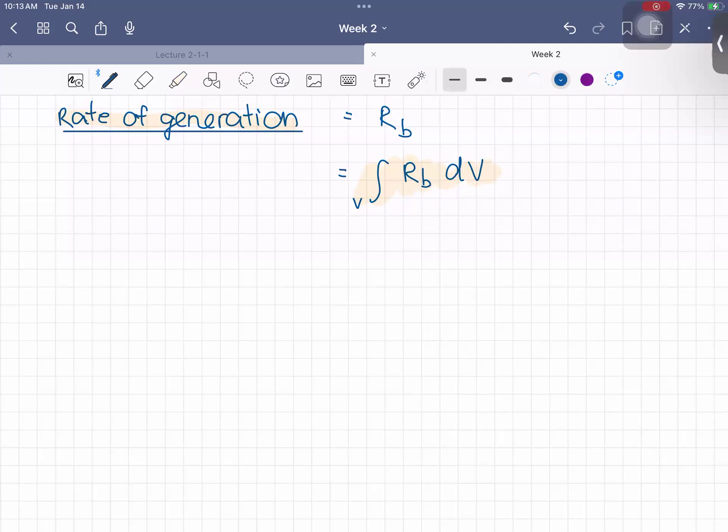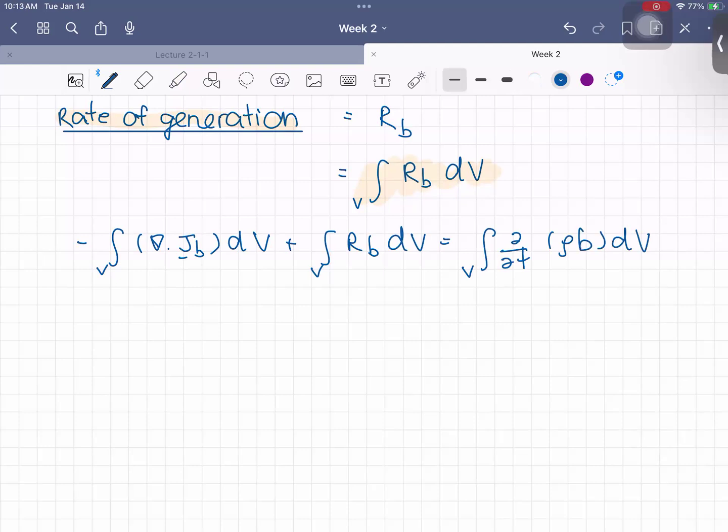So that will be minus integral of del dot JB dV plus integral of RB dV equal to integral of d/dt rho B dV. This term here is the net input, right? Rate of net input. This term is generation. This term is accumulation.